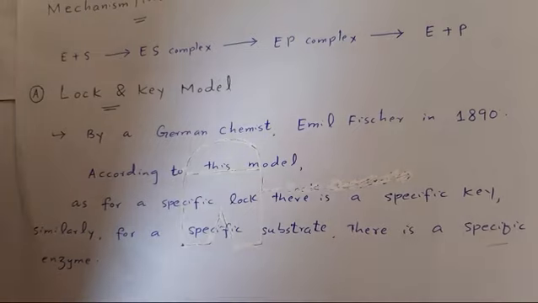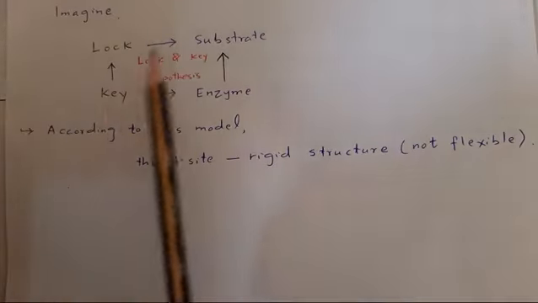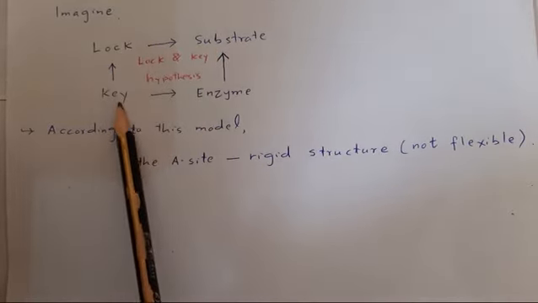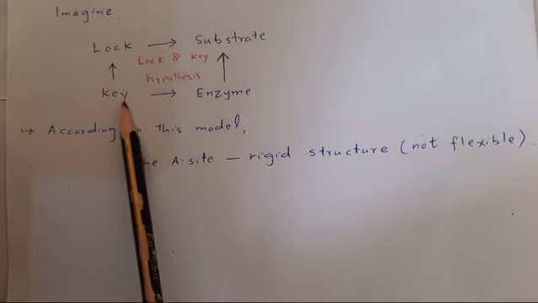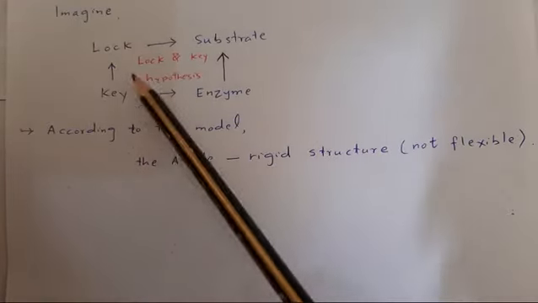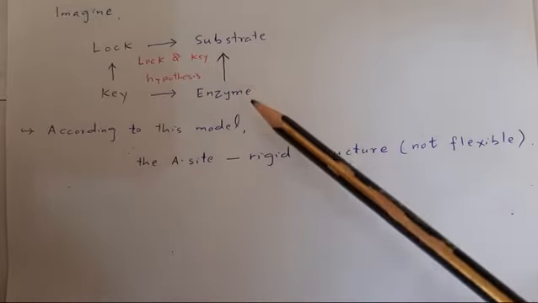According to this hypothesis, the substrate is imagined like a lock while the enzyme is imagined like a key. As one specific key can open only a specific lock, similarly a specific enzyme can break up only one specific substrate.